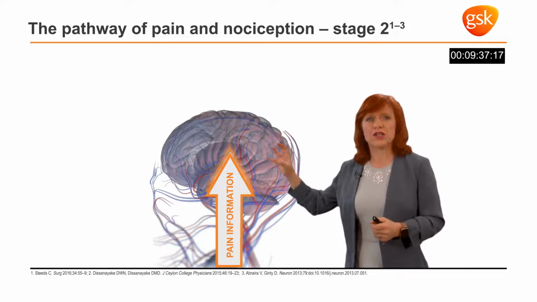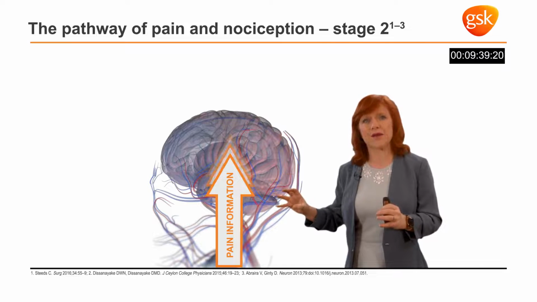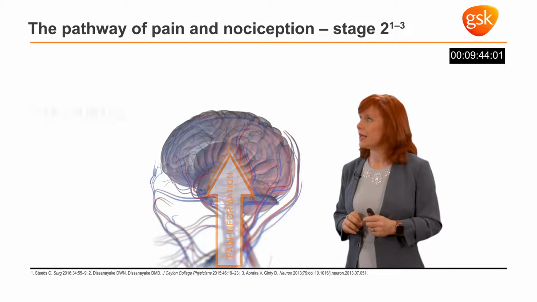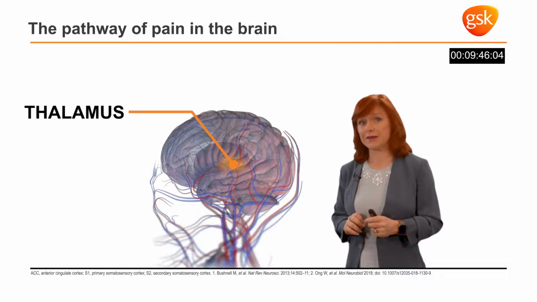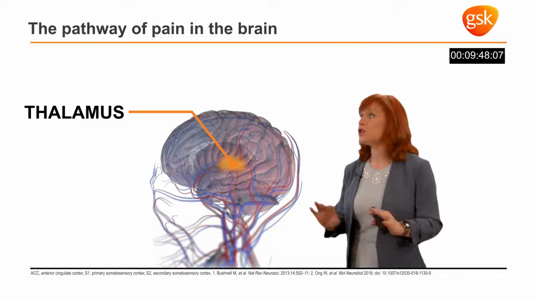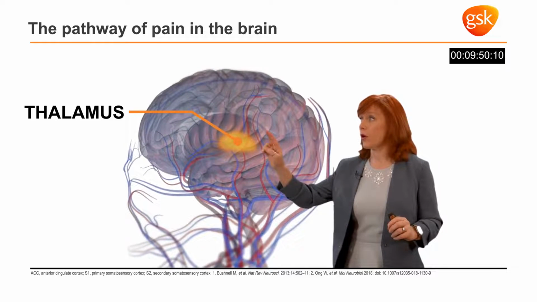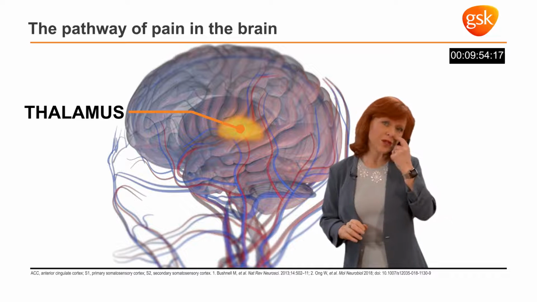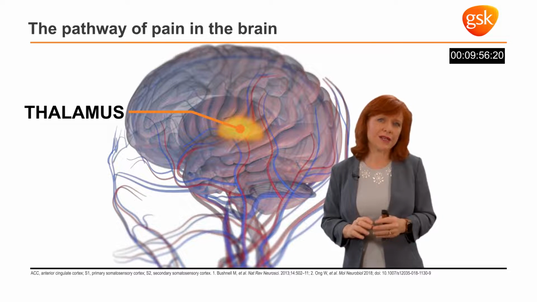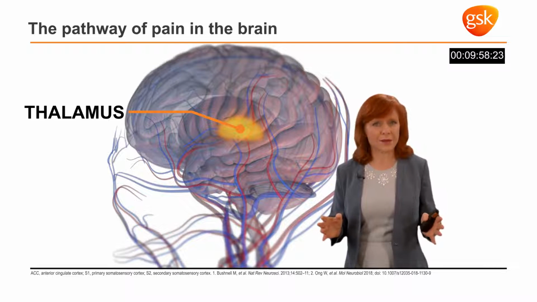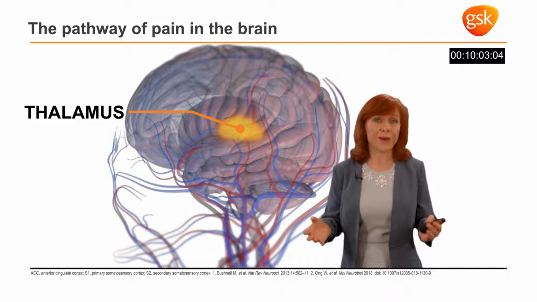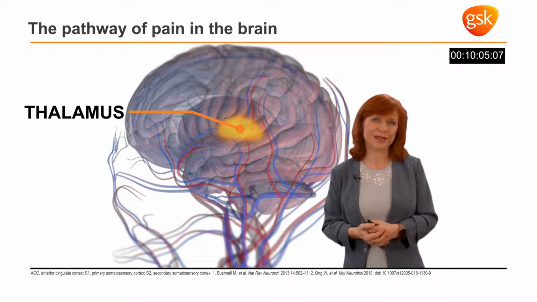Now, once it reaches the brain, the main area involved in processing incoming somatosensory information is the thalamus. But even here, there is so much more going on in that little bit. Functional brain imaging has been a huge advance. It has revolutionized our perception of pain and indeed our understanding of our patients' perception of pain.